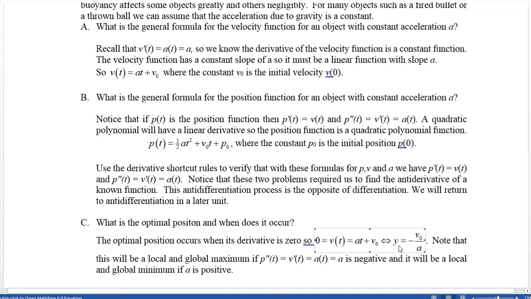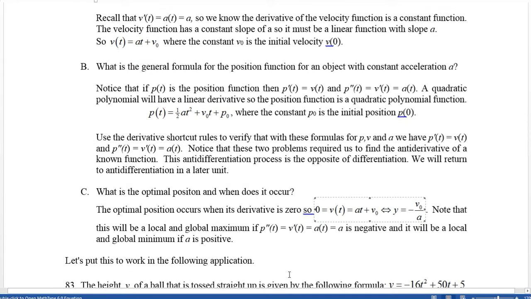The optimal position, the maximum or minimum, whichever it's going to be, is when t equals negative v sub 0 over a. So that'll be the highest point that the ball reaches if we throw a ball up in the air. That'll be a maximum if the acceleration is negative, and it's a minimum if the acceleration is positive.